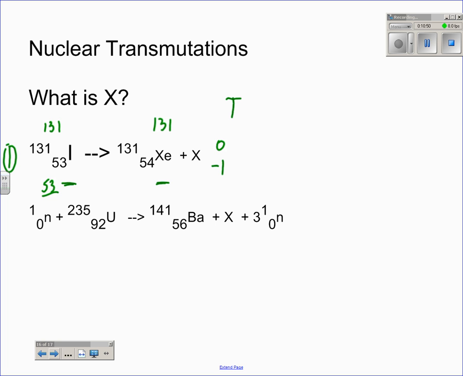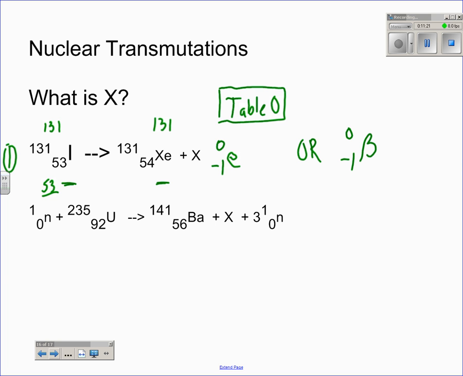If you look on table O, you should be able to find the particle that has a mass of 0 and a charge of -1. And you would see that that's an electron or a beta particle. You could write it either as an electron like that, or as a beta particle.